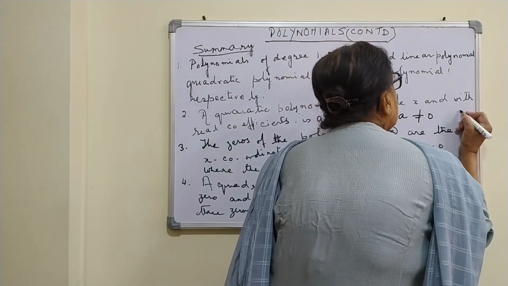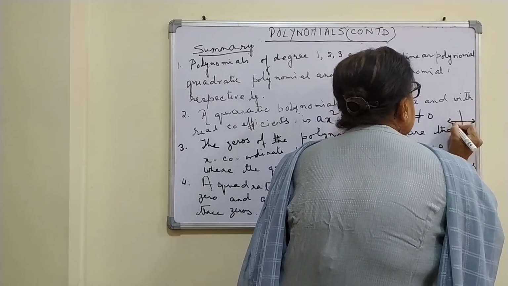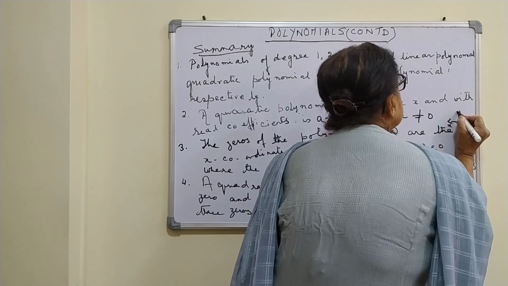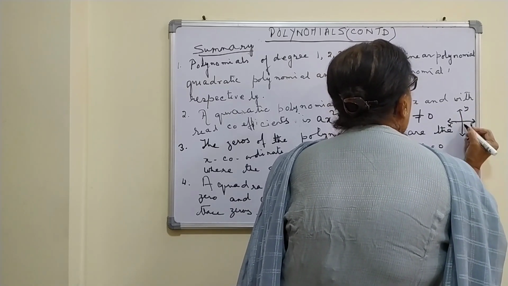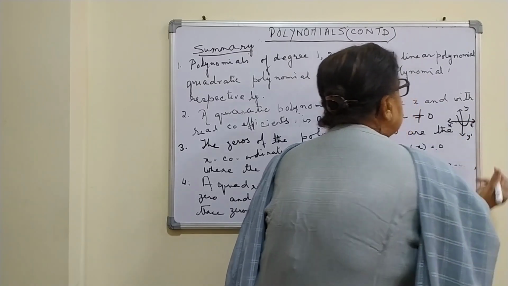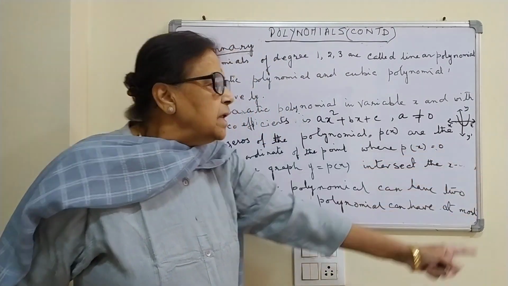I draw a small graph here. This is x-axis, x dash, and this is y dash. And a quadratic polynomial will be in the form of this. It is a high parabola.